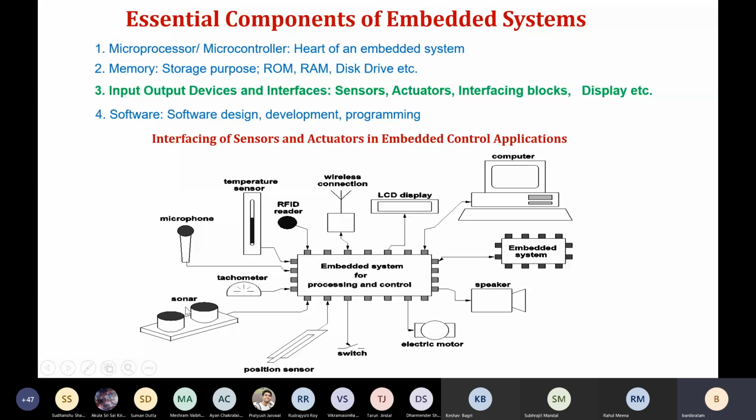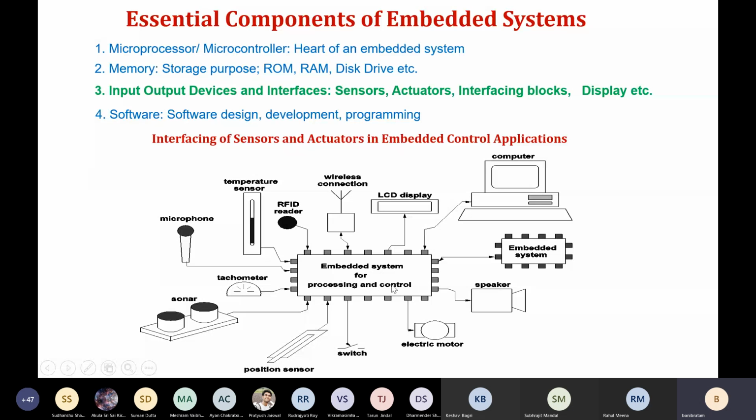These sensors sense the physical quantity, and that data goes to the embedded system. You can have an interfacing block which converts the physical quantity into an electrical quantity, which goes to the embedded system.